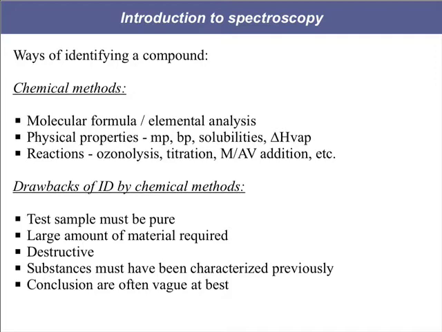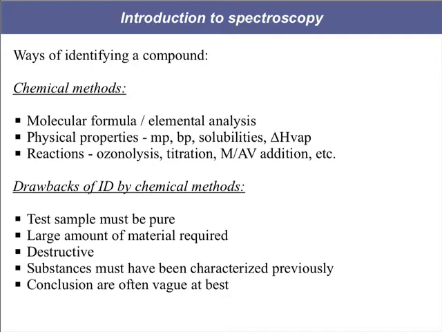So if it was expensive or difficult to come by in some way, or you spent 4 years in a lab making it, you don't really want to destroy it just to figure out if you had what you think you had. And because of that, large amounts of material are required. You can't do these reactions on micrograms because the amount of product that you get is going to be so low that it's going to be undetectable.